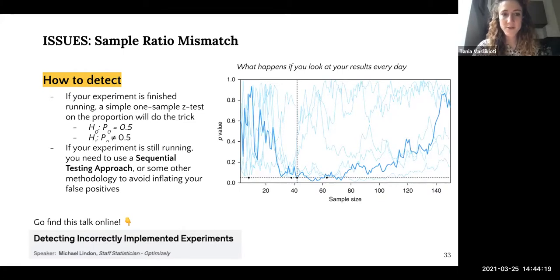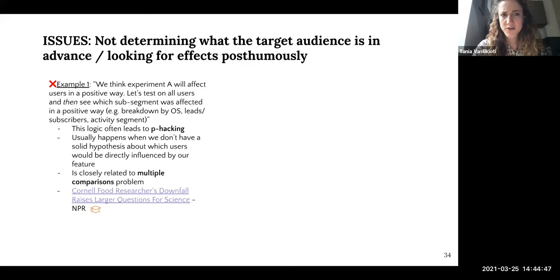Alternatively, you can use some sequential testing approach, instead of just checking every day whether the split is 50-50, which is generally dangerous because there could be a lot of noise and you could get tricked into thinking that there is a difference, but actually there isn't any. In Python, there are libraries, for example, that help you with that. I'm going to stop here because we're out of time.